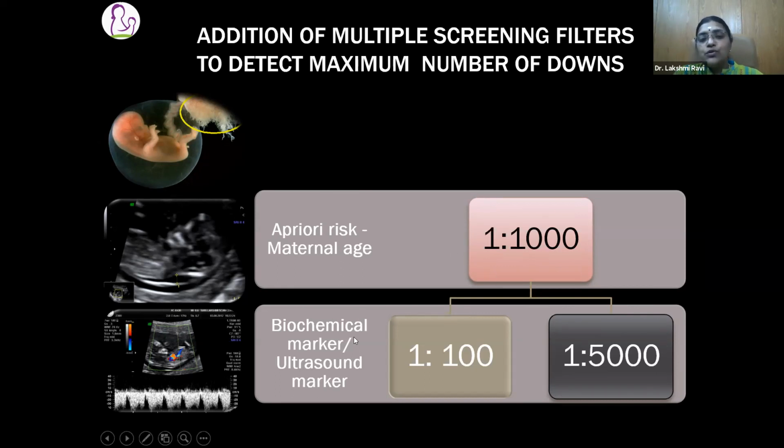On that risk, you add all these markers, and then you arrive at a final risk which says that she is screen positive or screen negative for this particular condition. All these factors like serum biochemistry and the nuchal translucency are incorporated into the software, into the algorithm, and the risk is predicted.